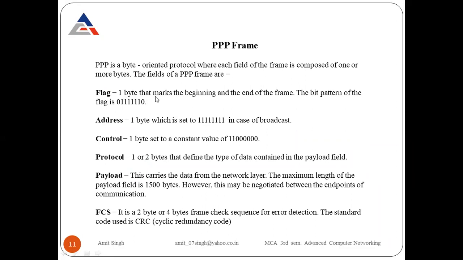It is 1 byte that marks the beginning and the end of the frame, and it has a special bit pattern, and the bit pattern is 0, 6 times 1, then 0.